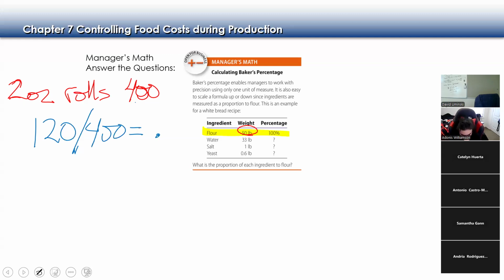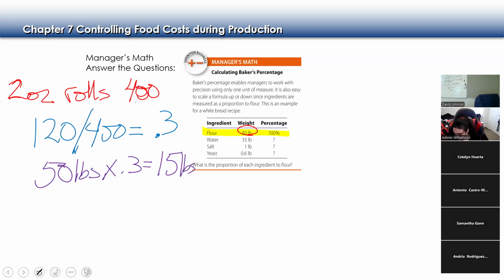0.3. Exactly 0.3? Okay. So now, if I need 50 pounds for my original recipe, and I multiply that by 0.3, what do I get? 15. Exactly 15? Yes. Cool. I like how even this is.